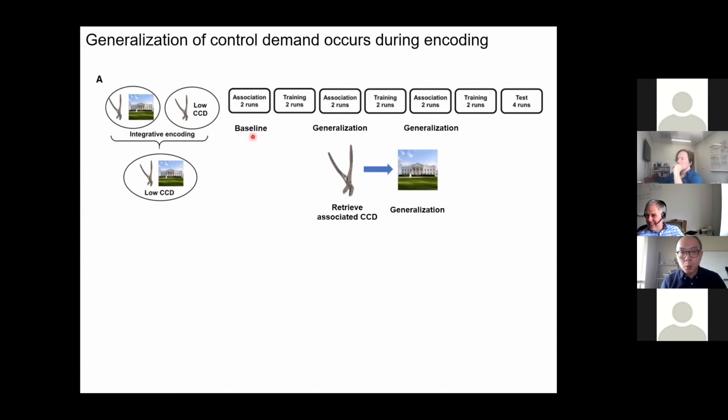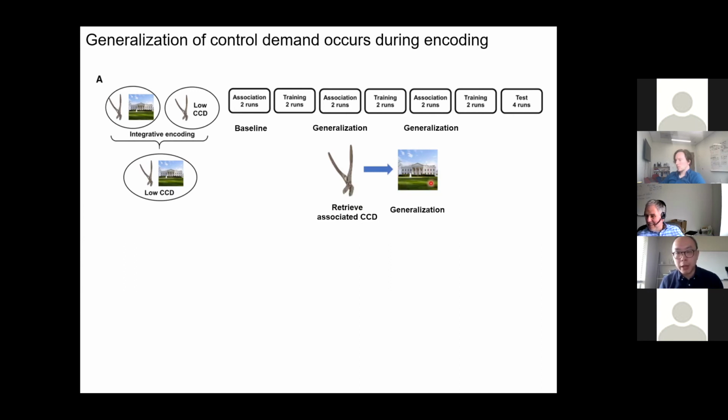And then within the association trial, participants will first see a tool image, and the tool image will be followed by its paired landmark image. In this case, our hypothesis is that when the participants see this tool image, it's going to retrieve its associated control demand. And both the tool image and the associated control demand, their neural representations will linger for a while until the landmark image is presented.